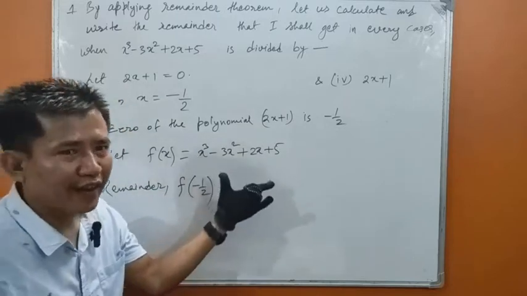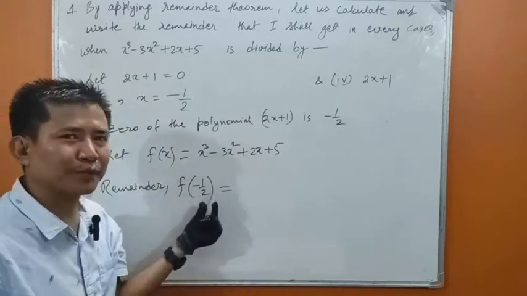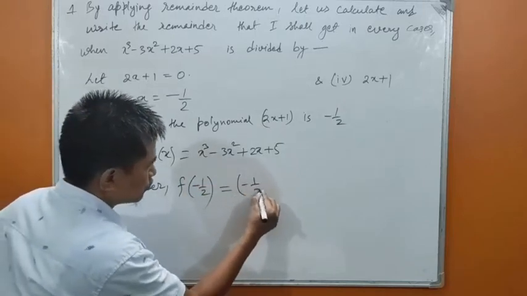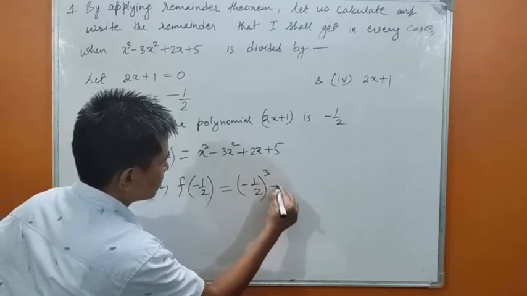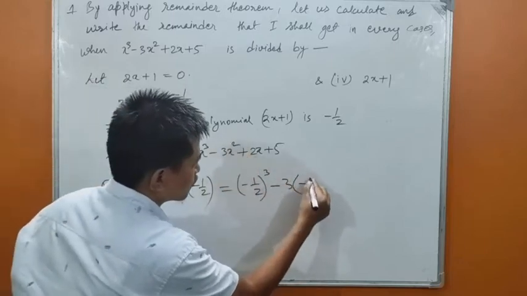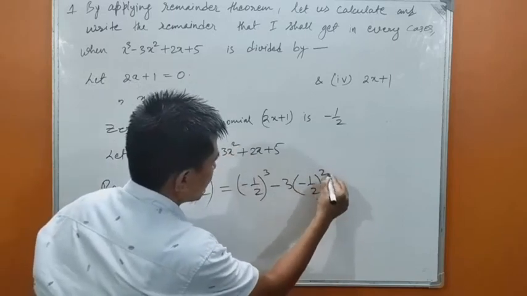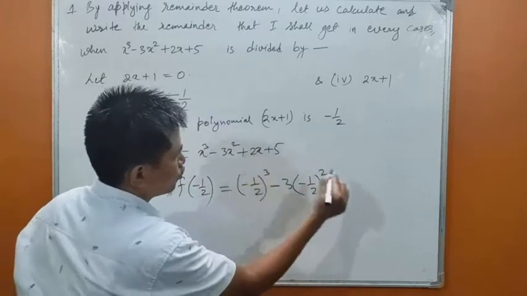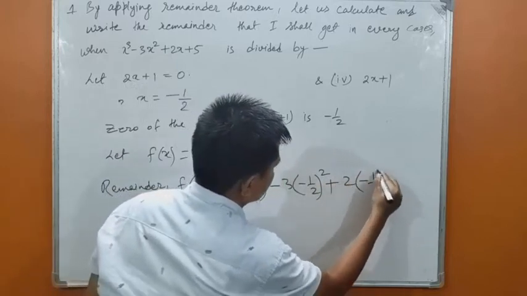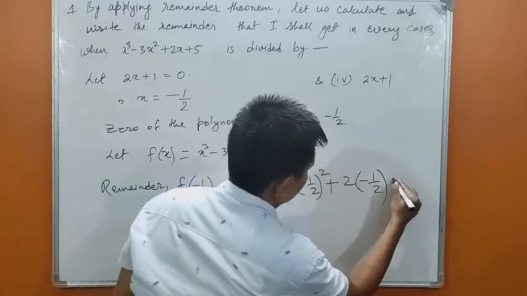So instead of x, we put minus 1 upon 2. Okay? x cubed means minus 1 upon 2 cubed, minus 3 x square means minus 1 upon 2 square, plus 2 x means minus 1 upon 2, plus 5.